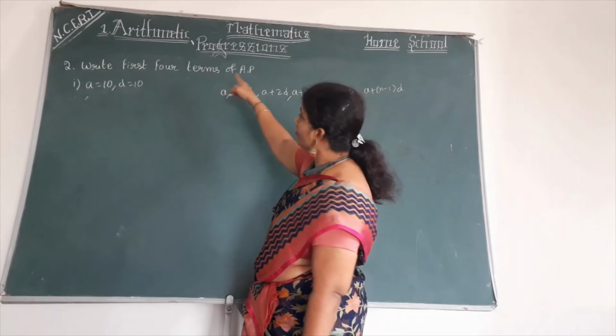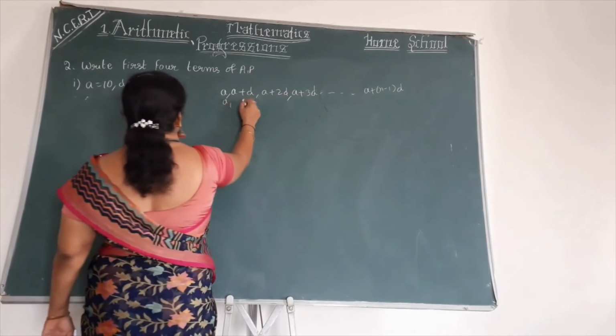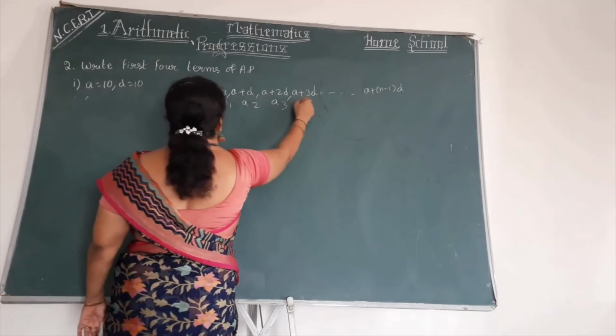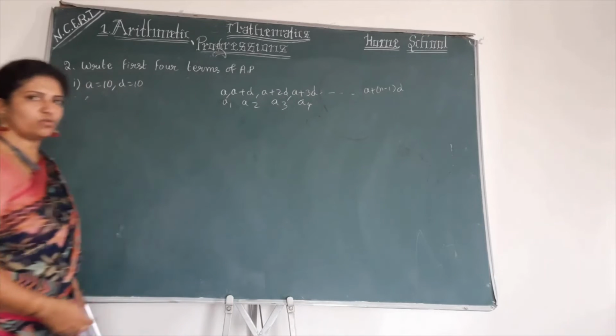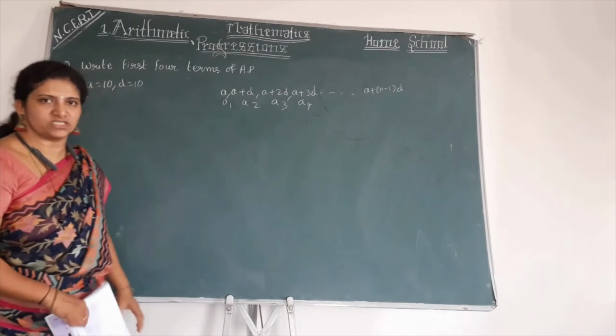What are the first 4 terms of an AP? We call them first term, second term, third term, fourth term. So your question is: if A and D are given, find these 4 terms.